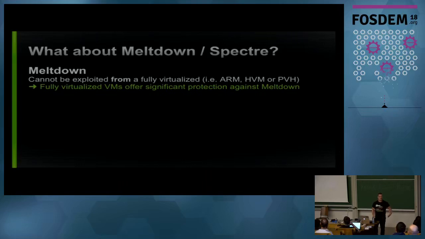Fundamentally on ARM, we don't use software virtualization, we just use hardware extensions, so from that viewpoint we're fine. And on x86 with HVM and PVH, that's true as well. We do have mitigations, but for the embedded and automotive use case, we don't have to deal with the performance overhead some of those fixes will give us.